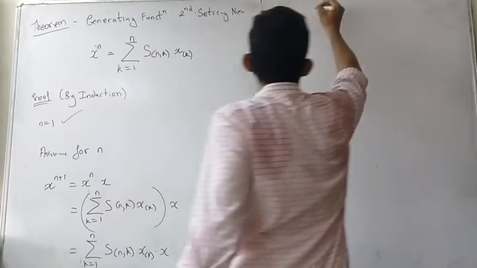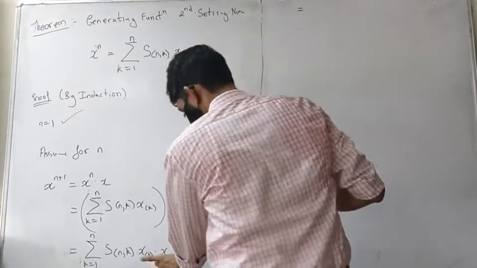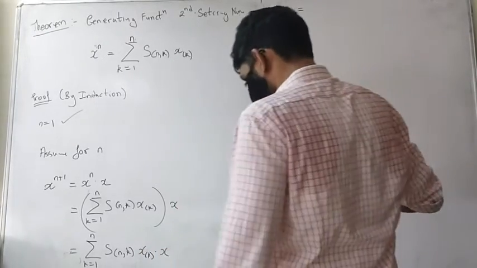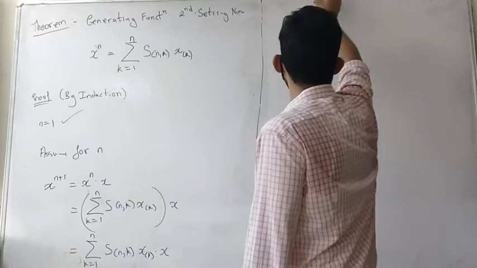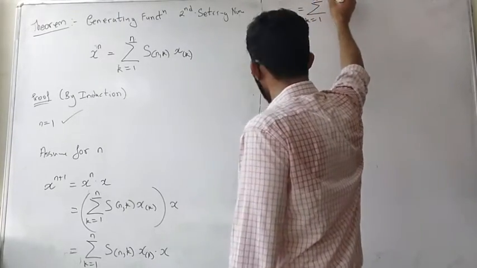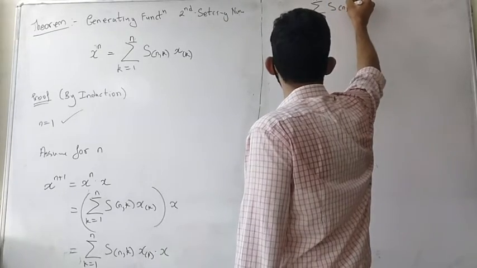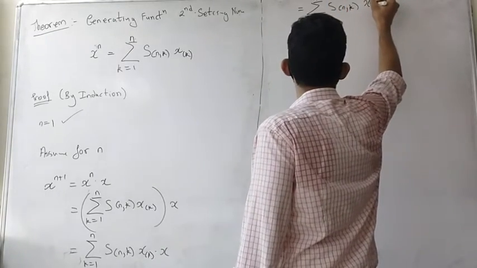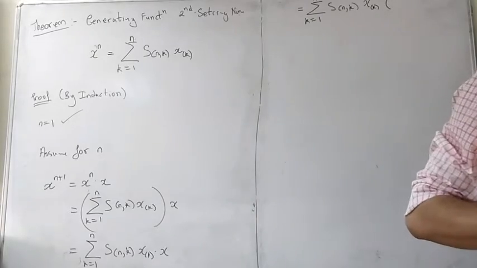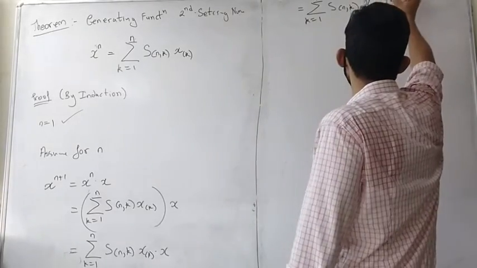Okay, I'm going to do a manipulation here because, k going from 1 to n, S(n,k) x_k, times, we want x minus k.